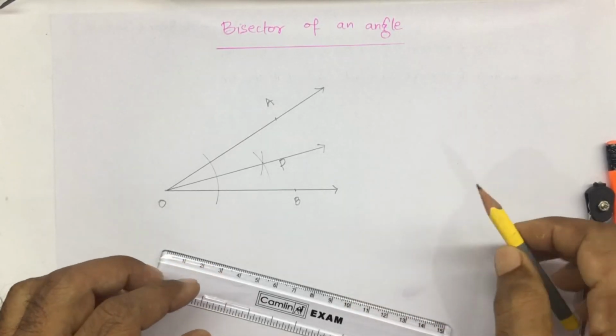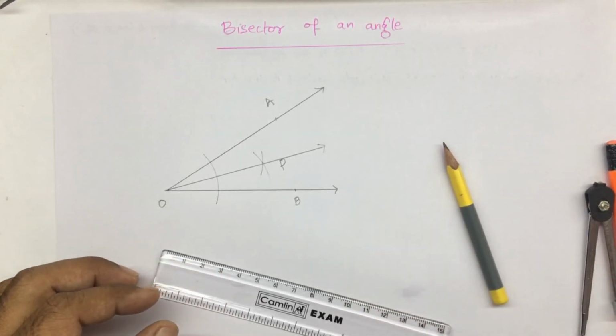Okay, this way you can draw the angular bisector.